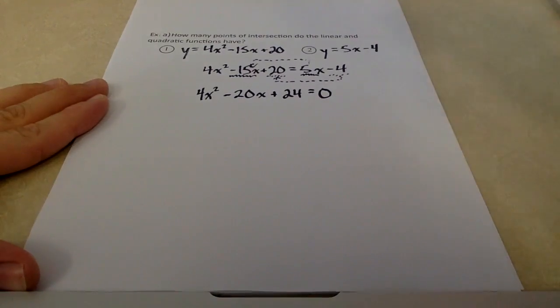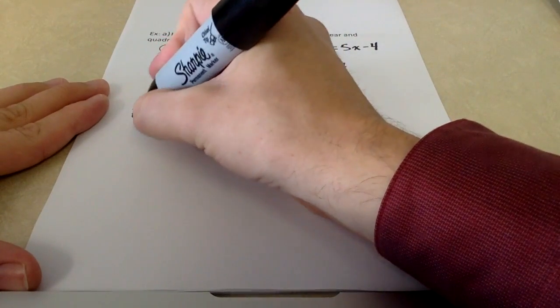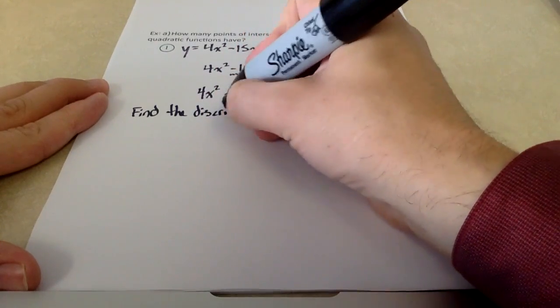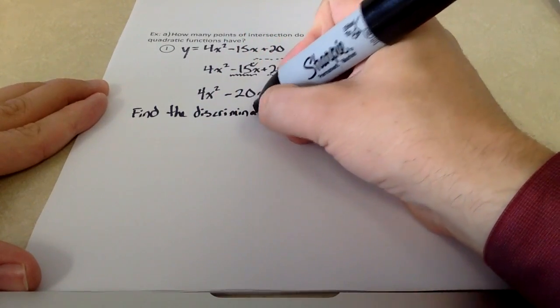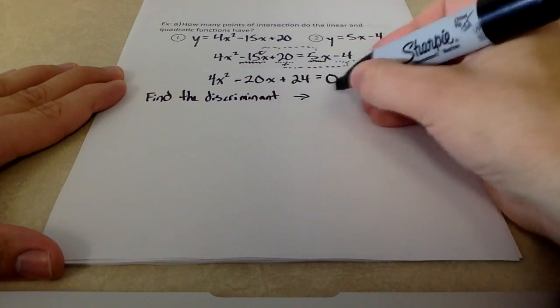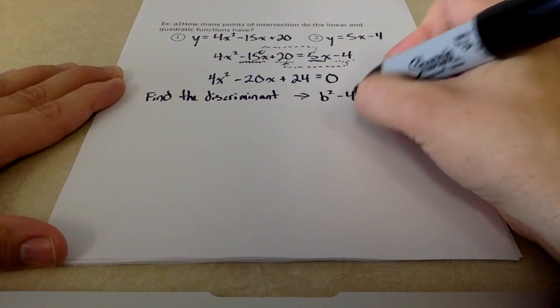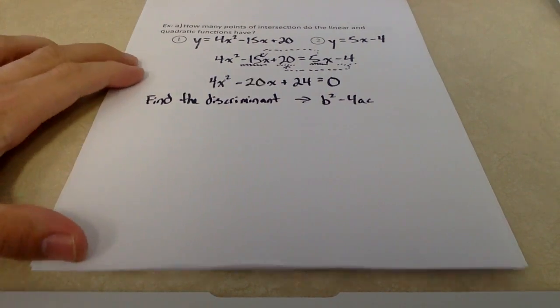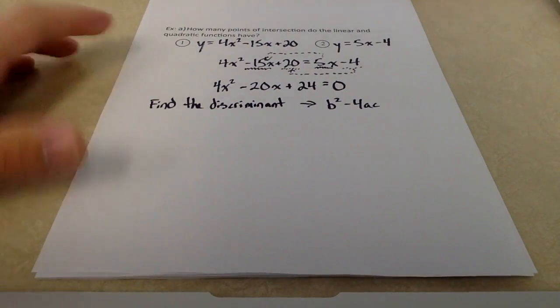Step two is to find the discriminant. Now remember the discriminant is b squared minus 4ac. We want to check what happens when we sub in our values from our new equation for our system.